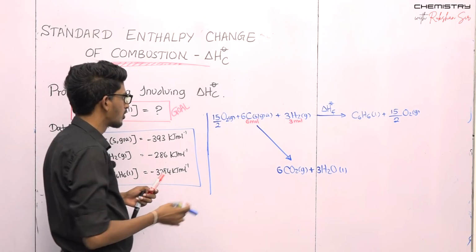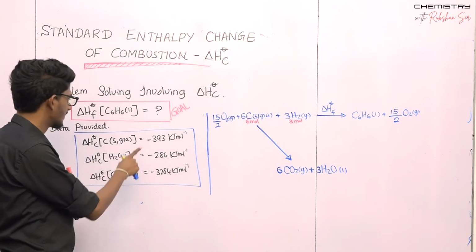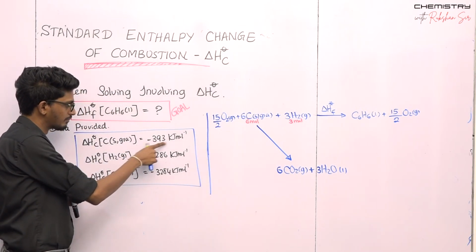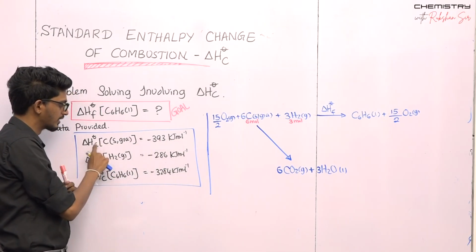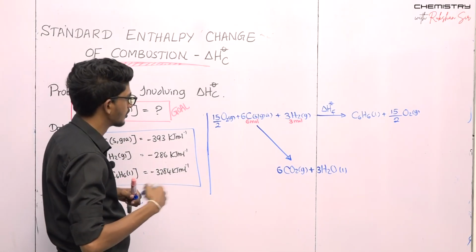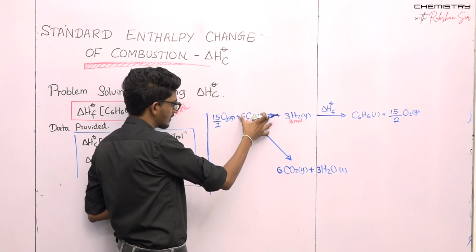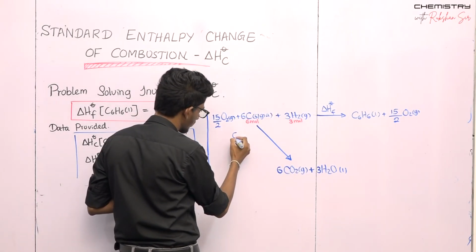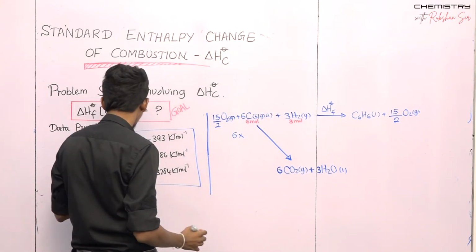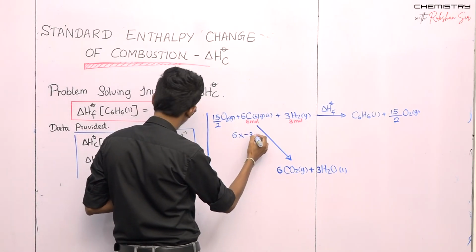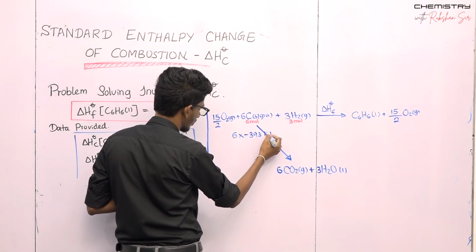To combust 1 mole of carbon solid graphite you need this amount of energy change, so to combust 6 moles, it is 6 times the combustion of carbon solid graphite, that is minus 393 kilojoules per mole.